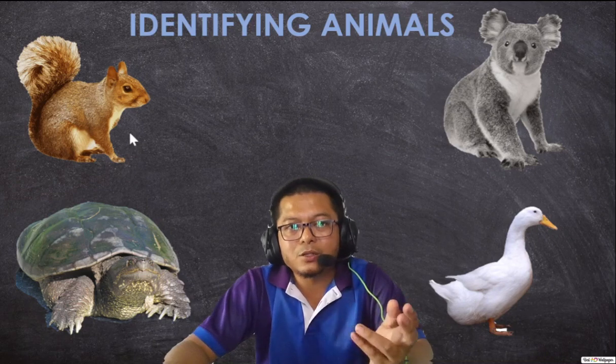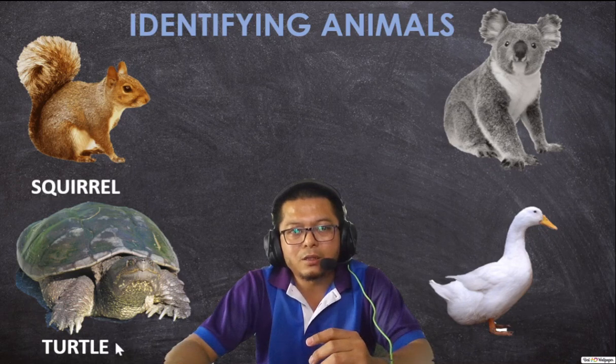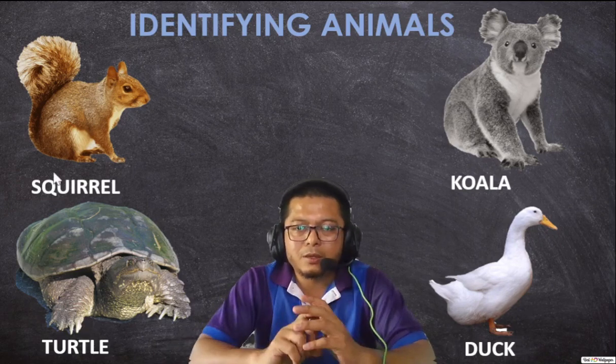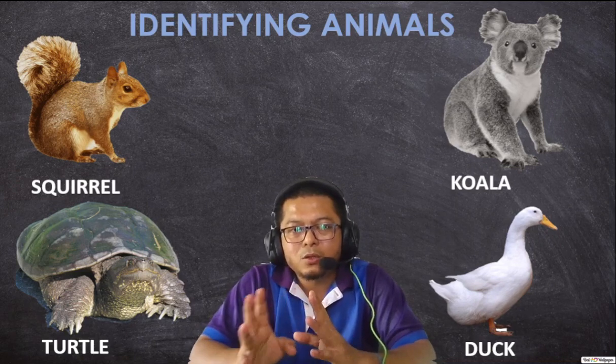4 animals. This is a squirrel, S-Q-U, squirrel, and this is a turtle, koala, and duck. So this is a turtle. Now remember, there's a difference. There are 2 types of turtle, but it's called turtle.